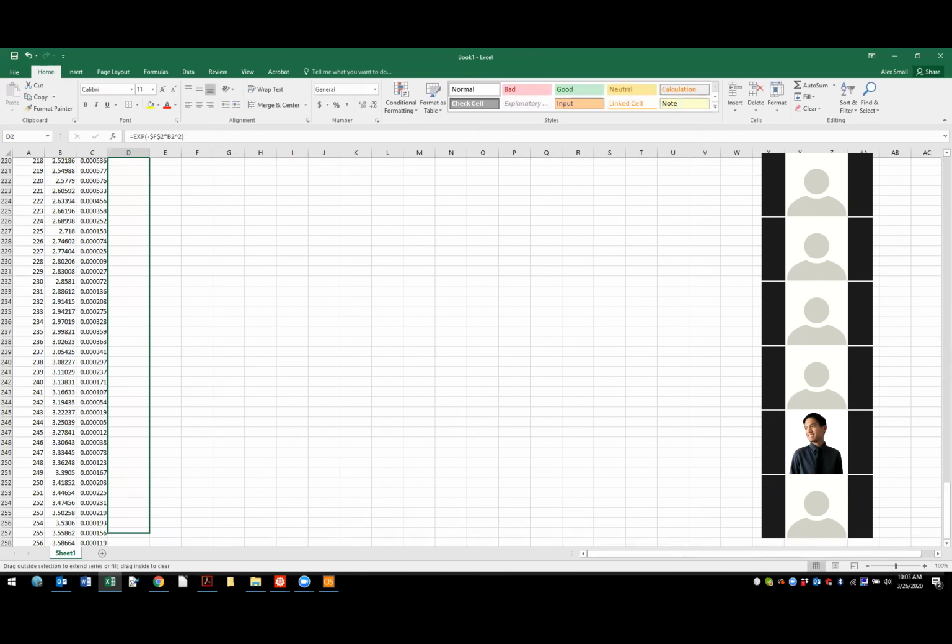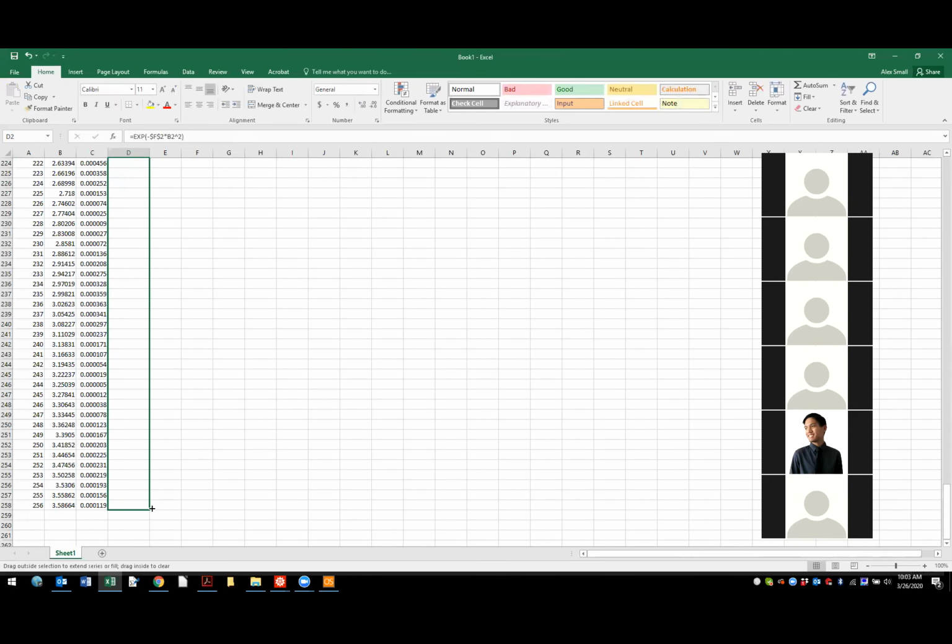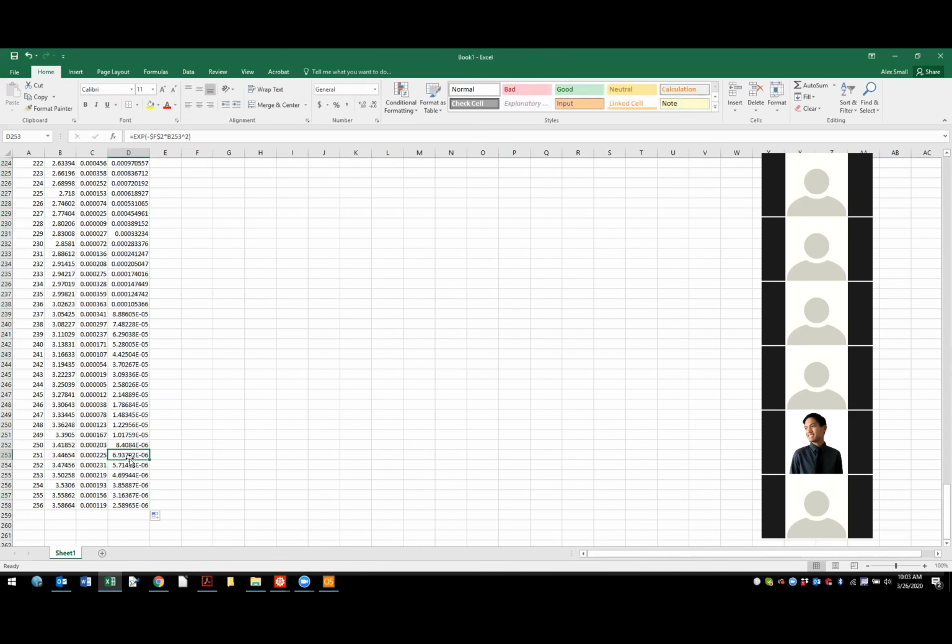When I paste down like that, when I drag a formula down, you go down here, and instead of using the value of y from this column, it's now using the value from this column. Instead of using the value from the row way up there, it's using the value in B253, because I'm on row 253.